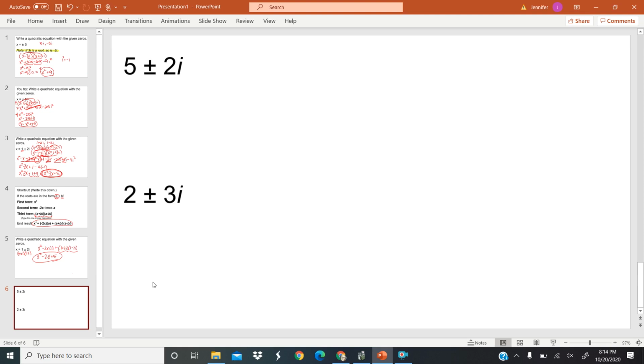For these, I'm going to show you how to type it in on Google instead of typing it in the calculator, in case you don't have a TI-84. So for the 5 plus or minus 2i, my first term is going to be x squared, then minus 2x times a, so 2x times 5, plus 5 plus 2i and 5 minus 2i.